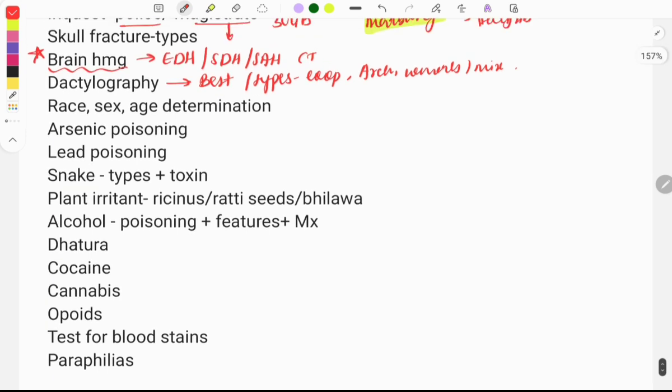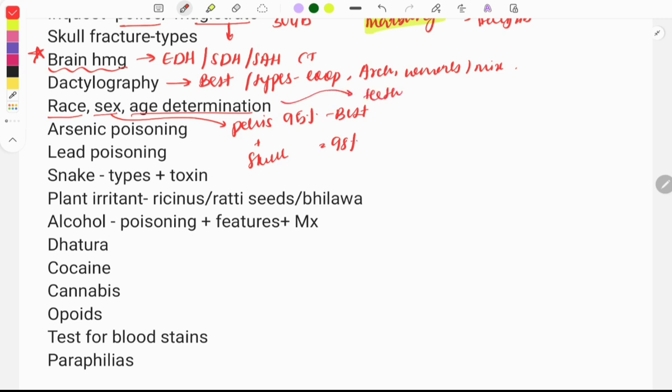Okay, then other ways to identify the human: the race, the sex, and the age determination. For the sex determination, it is best if we do it by using the pelvis. It is almost 95% accurate, and it is the best. And if we add along with that the skull or long bone, then it will become 98% accurate. Okay. And for age determination, we will be using the teeth, the dentition.